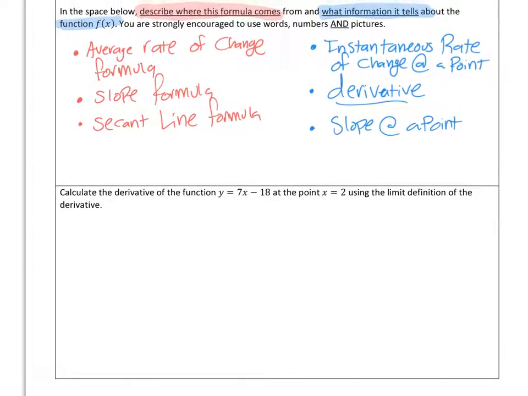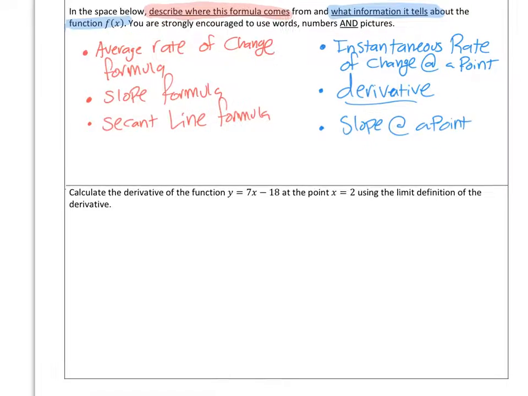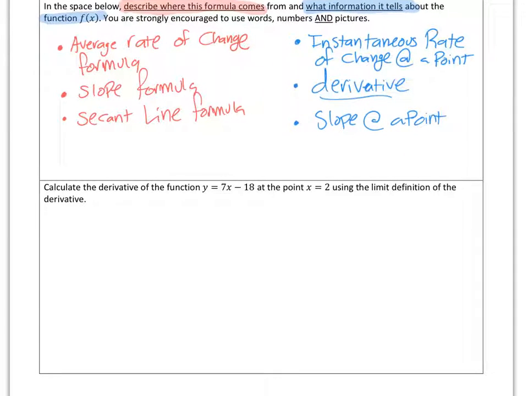Calculate the derivative of the function y equals 7x minus 18 at the point x equals 2 using the limit definition of the derivative. So I was looking for you to use this limit definition of the derivative. Let's start there. The limit as h approaches 0 of f of x plus h minus f of x all over x plus h minus x.